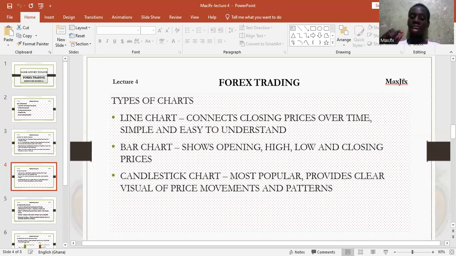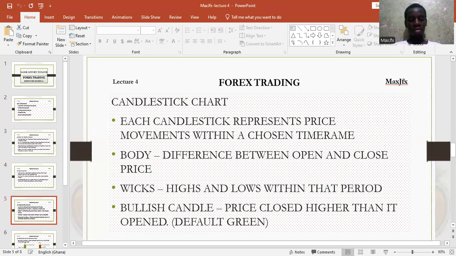Also, because it is the most popular, it is very relevant in trading. Very, very relevant. So I encourage you to stick to the candlestick patterns. If you want to change to other types of charts like the line or bar charts, you can also do so, if it is okay for you.